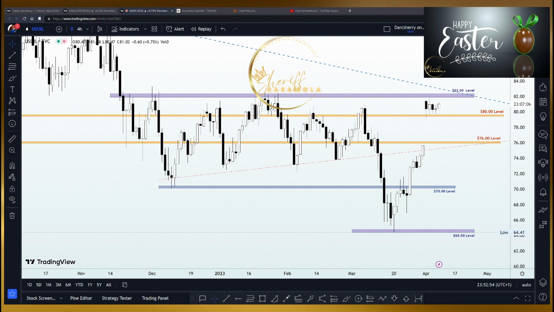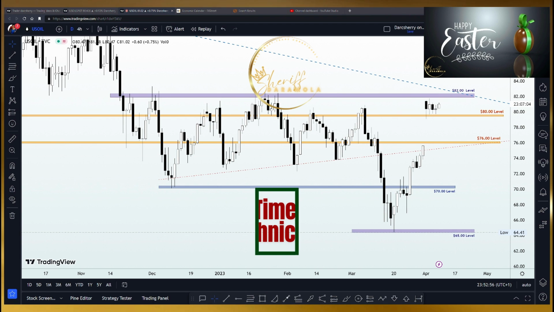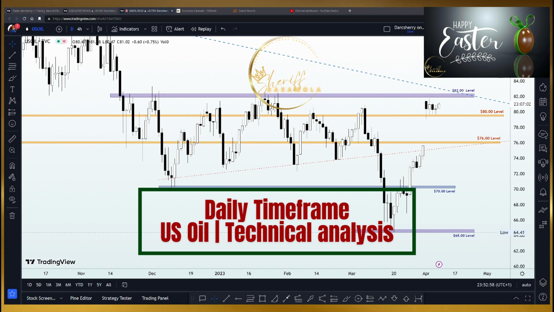So on the US oil, looking at what we have on both the daily and the lower time frame, it is quite obvious that the structures that we were using to guide trading activity for last week still remain the same.